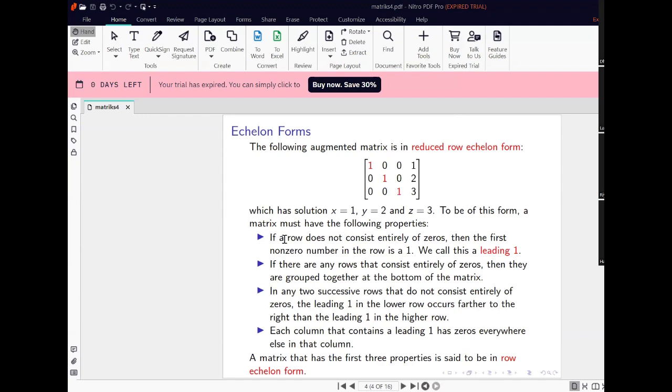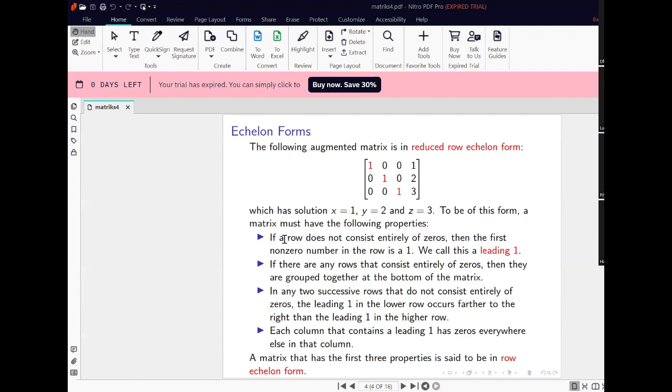First, if a row doesn't consist entirely of zeros, then the first non-zero number in the row is 1. So the first number could be 0, but if the first number is not 0, then it has to be 1.